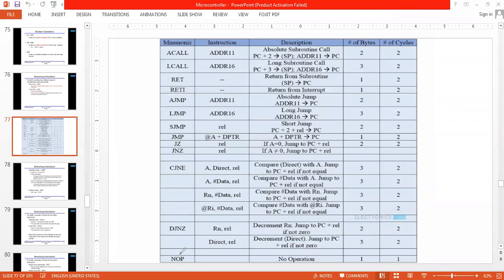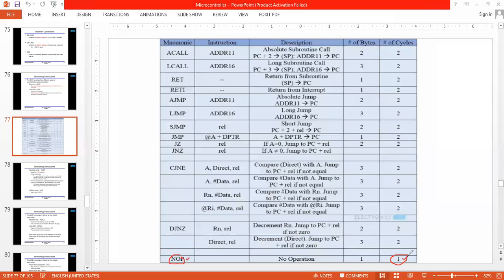Then we have one more instruction, NOP. NOP stands for no operation. So if you want to extend the delay, if you want to generate a delay, we can execute the NOP instruction, which will do nothing. There is no operation, but it will consume one cycle.